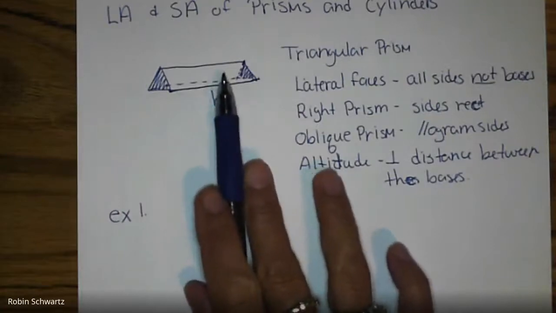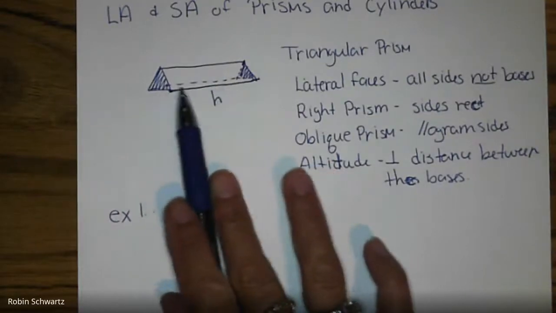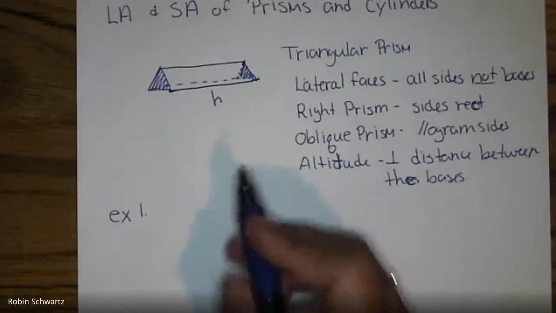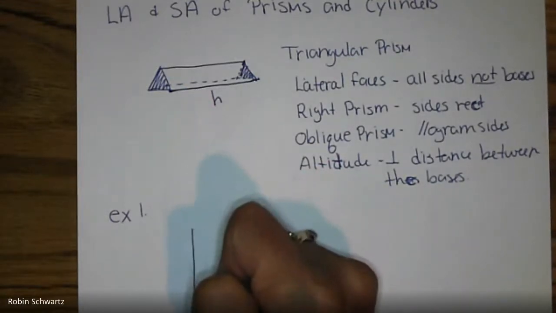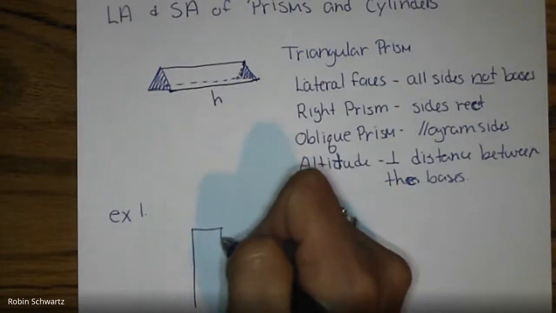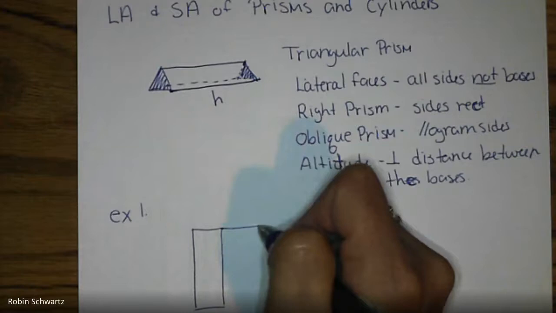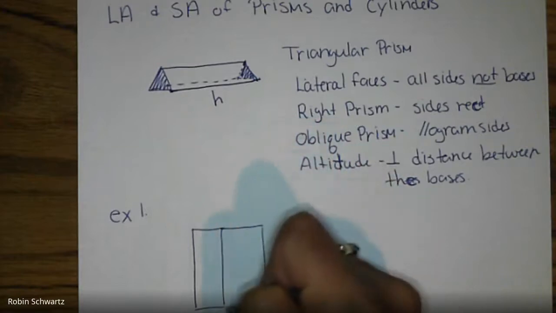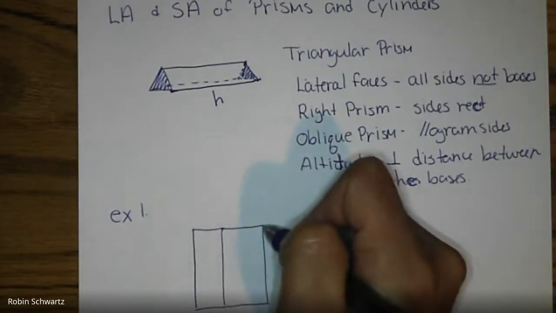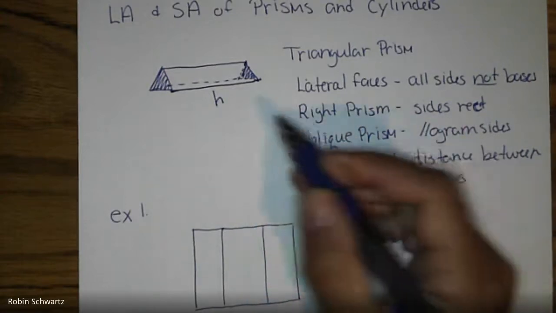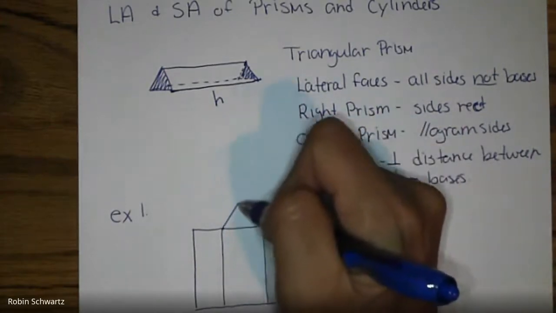So if I take this prism right here that had three rectangles, I'm going to make it not equilateral, make it isosceles, and then it had the two triangle bases.